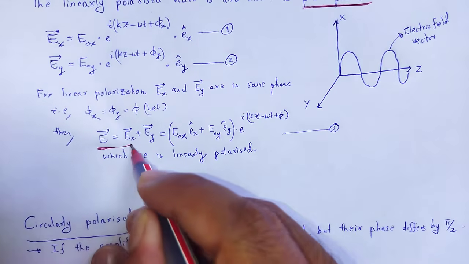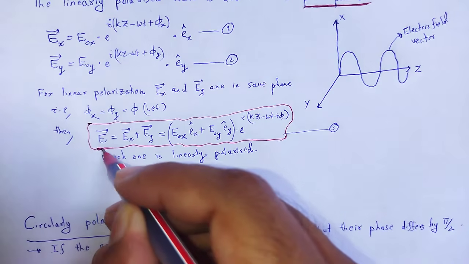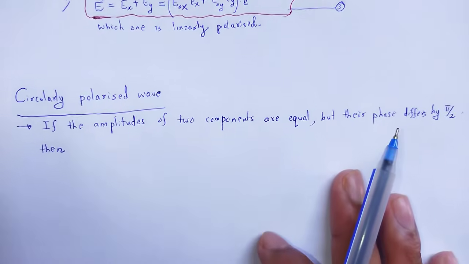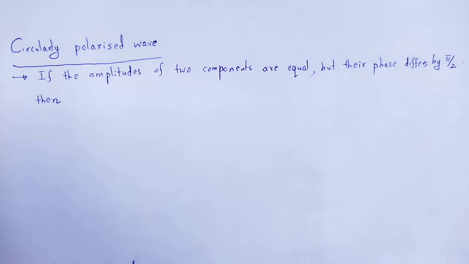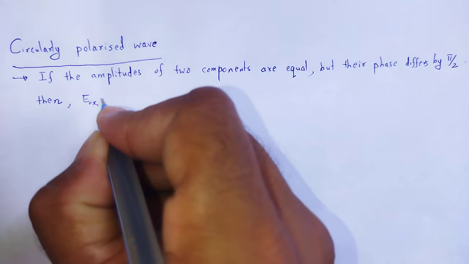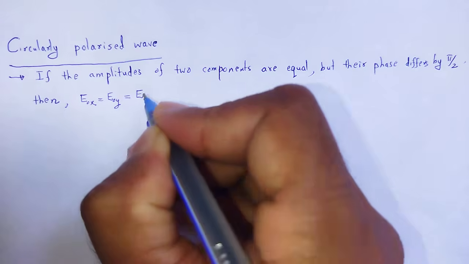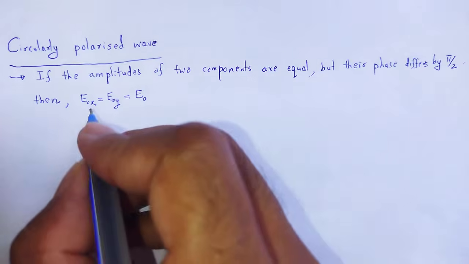For a circularly polarized wave, if the amplitudes of two components are equal but their phase differs by pi by 2, that is, amplitudes E o x is equal to E o y is equal to E 0, amplitudes are the same, but the phase differs by pi by 2.